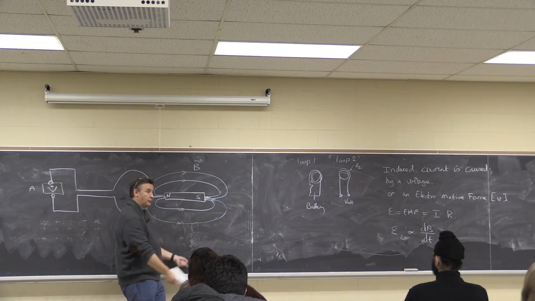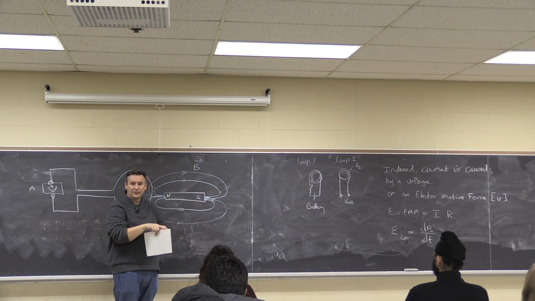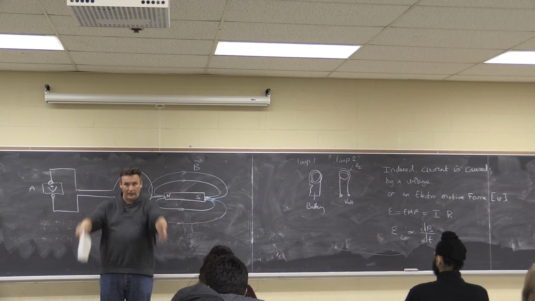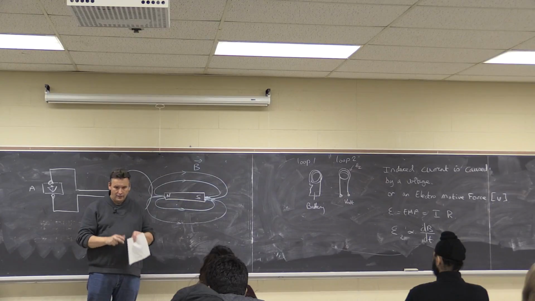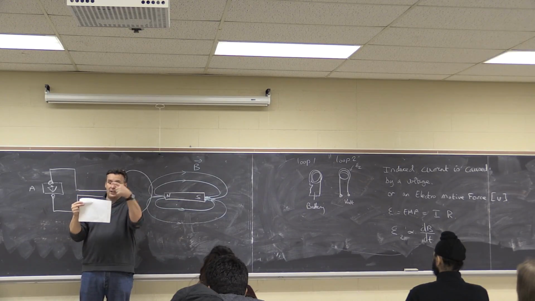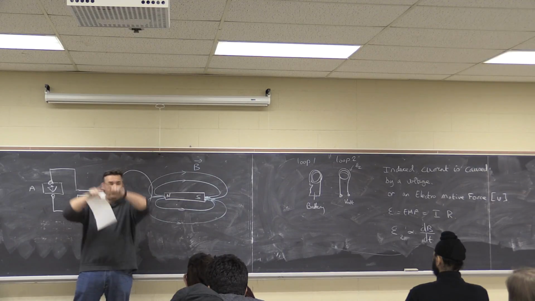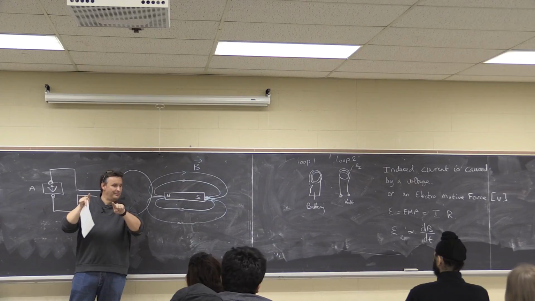If I make a bigger loop and I've got a set of magnetic field lines, so I've got uniform magnetic field lines coming through this room, going from this board straight out there. If I use a little loop that's this size, I'm going to get this area times the magnetic field. If I use a big area, I'm going to get more magnetic field lines coming through that loop.